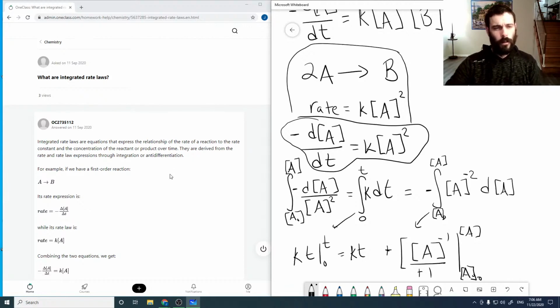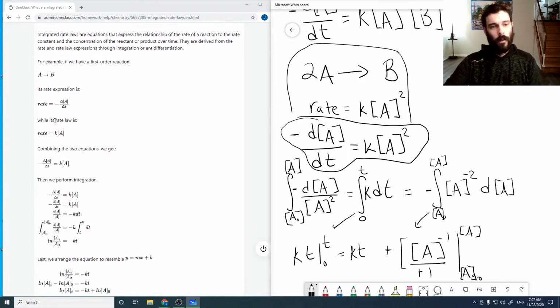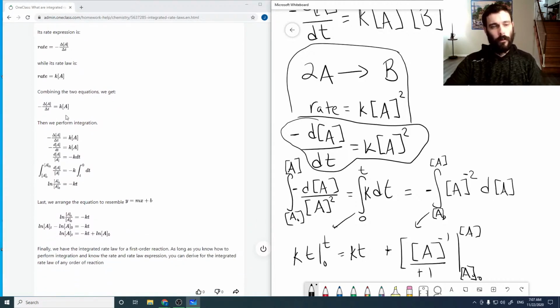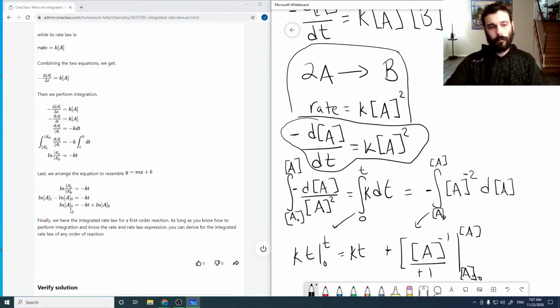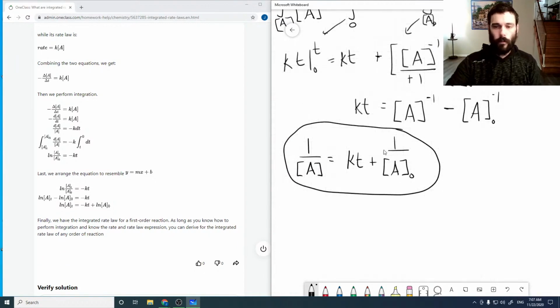So if we check the solution here, in the solution we have an example for a first order expression, and if you solve the first order expression, you get what is shown here, which comes out to be a law relationship between the rate and your concentrations. And so comparing this to the first order rate expression, or the second order rate expression I derived, we see that they're different.